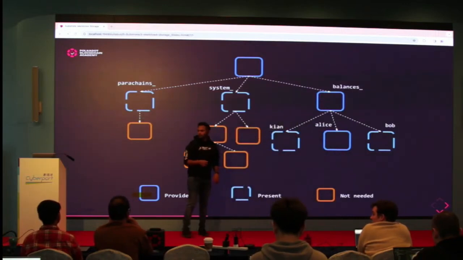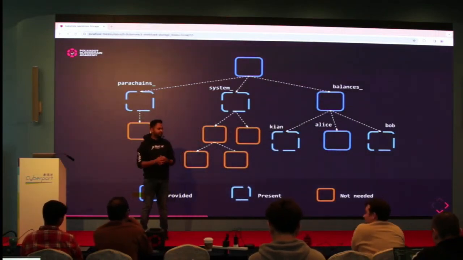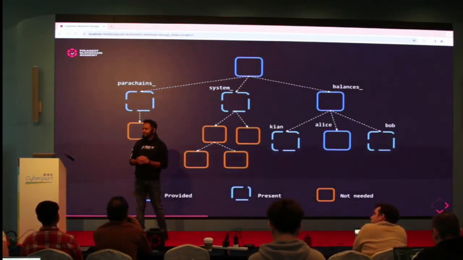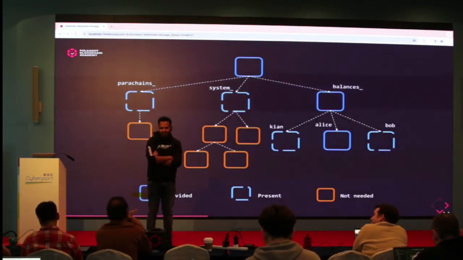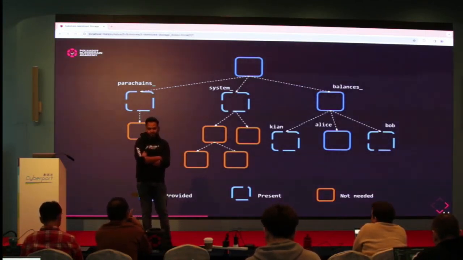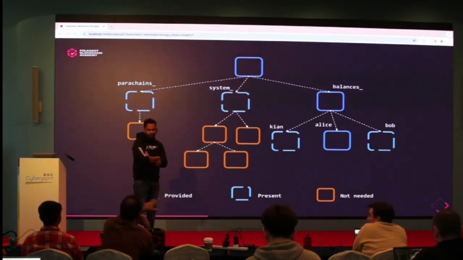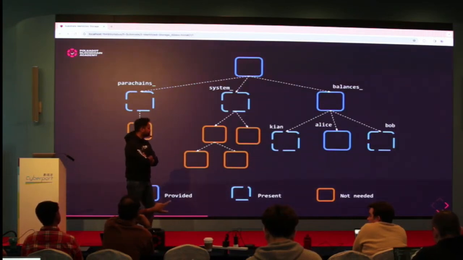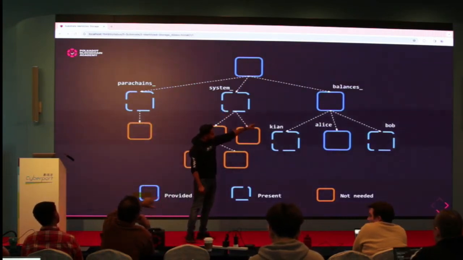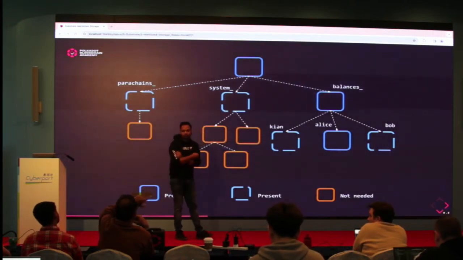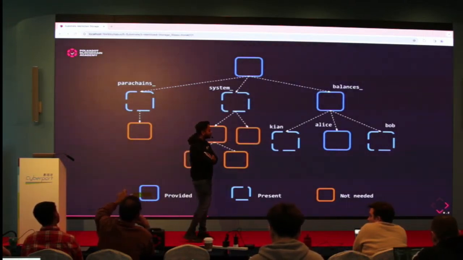Ankan, I have a small confusion over here. When Alice wants to verify that it's coming from the right source, and we are sending these 3 nodes, do you mean the top node, then the balances, and then the Alice node, or is this the bottom 3, Kian, Alice, and Bob? No, the solid blue: the state root, the balances, and Alice. So she will have the hash of all these 3 nodes, right?